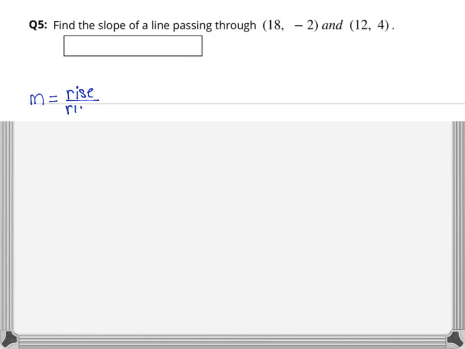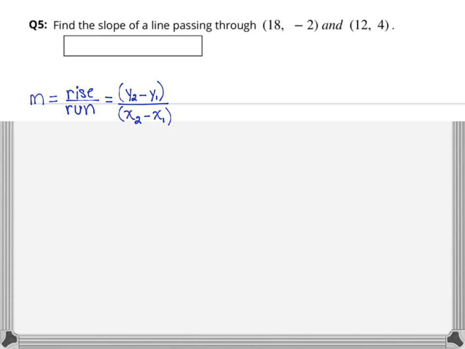This just helps us to remember that rise goes up and down and that run goes side to side, right? But the formula is actually y2 minus y1 over x2 minus x1.